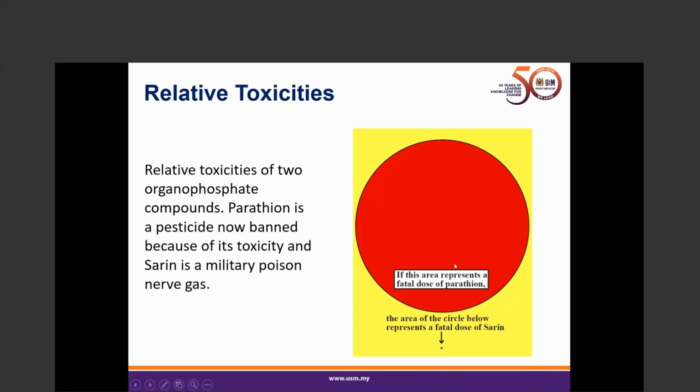So there is quite a difference between parathion and sarin. The amount of parathion that you need to take to be toxic is this big red circle, as compared to sarin, where if you take only a small dot here, it can cause a fatal death.